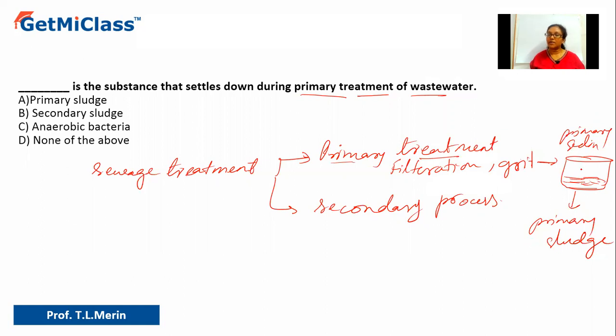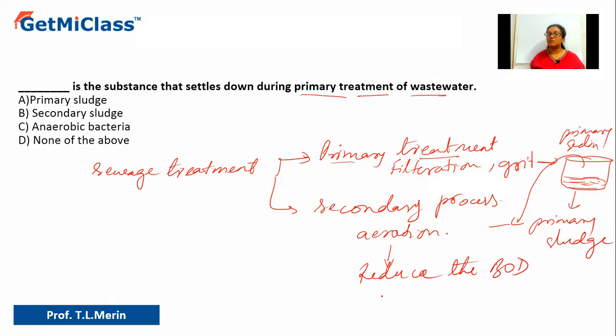Further, the effluent will be taken for the secondary treatment. Here there will be aeration, which will allow the growth of bacteria and fungus. After aeration, the bacteria and fungus reduce the BOD of the water.